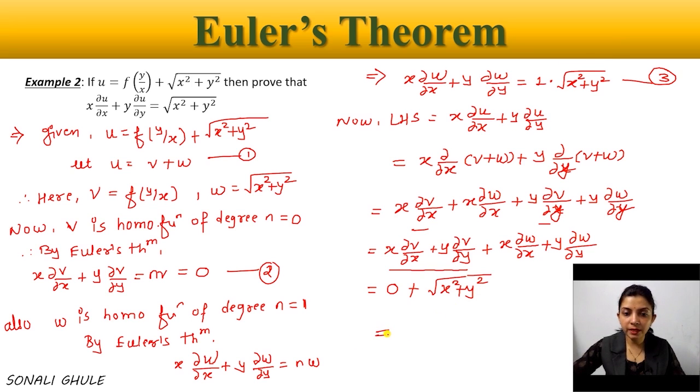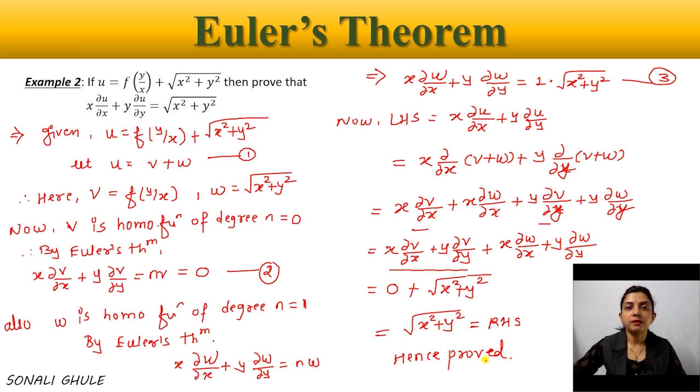So what is remaining then? At last it is root x square plus y square, which is our required right hand side. Hence proved.